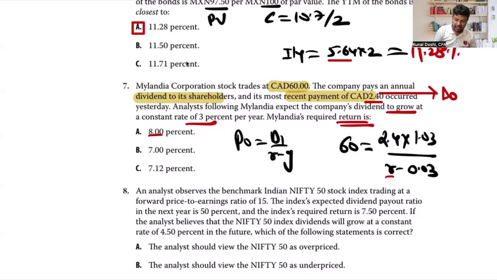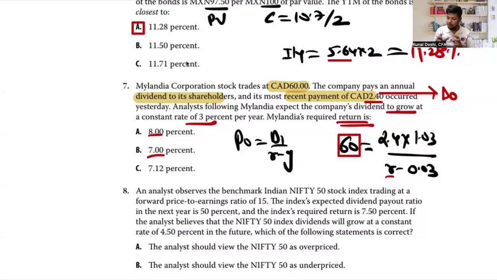I store it first. That's 2.47 divided by, if the cost of equity is 8, so I will do 8 minus 3, that is 5, divide by 5%. That gives me 49.44. No, but my value should be 60. So I'll reduce the rate to 7. If I do 7, 7 minus 3 is 4%. So I do 2.472.